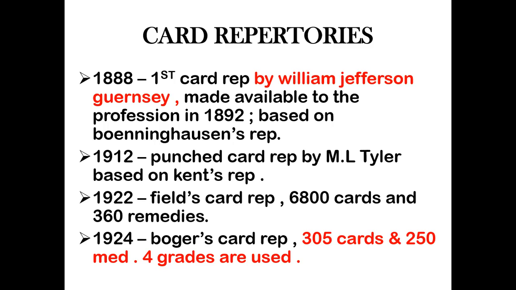Again important: in Field's card repertory, 6800 cards and 360 remedies. One thing I want to tell you is that in 1912 the punch card repertory by Emil Tyler. So the question is, which card repertory is based on Kent's repertory? First card repertory by Emil Tyler.